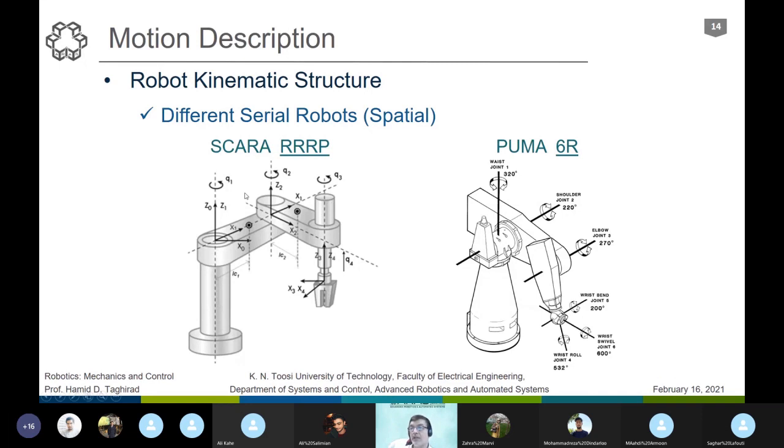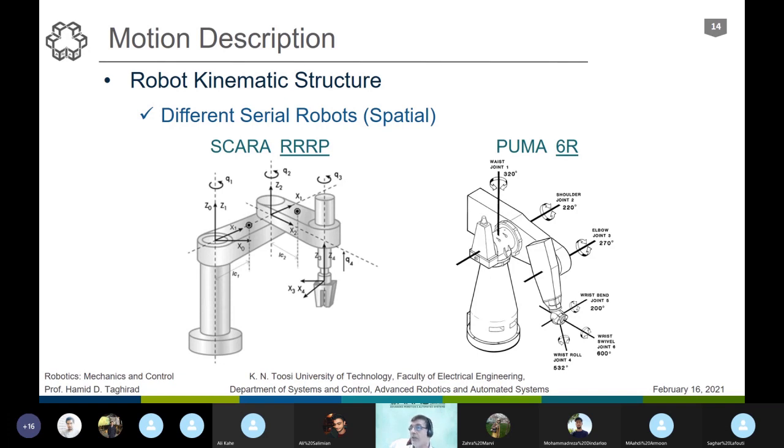But Scara has some sort of RRRP in this kind of structure. Again, it is an open kinematic chain, and it is out of plane, maybe not the most simple, but one important single structure. We will work on the Scara robot as well in many things in the chapters that come forward.